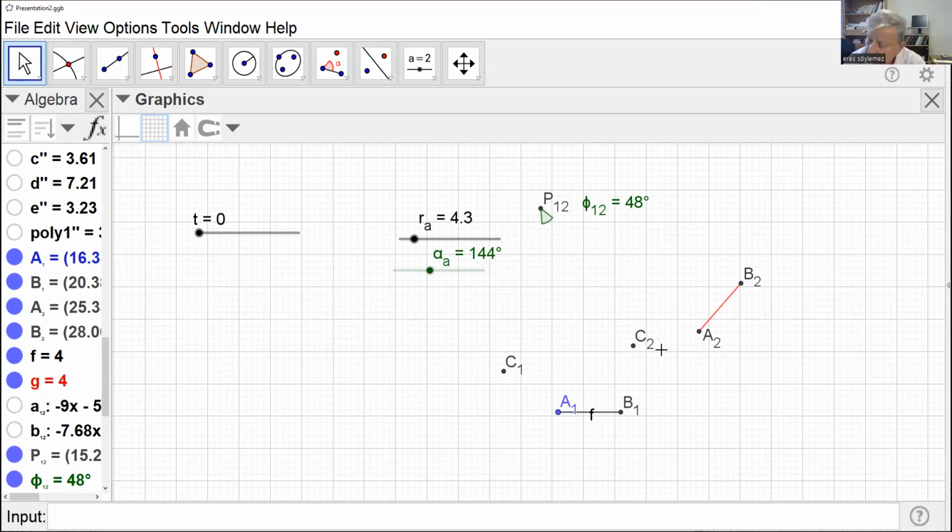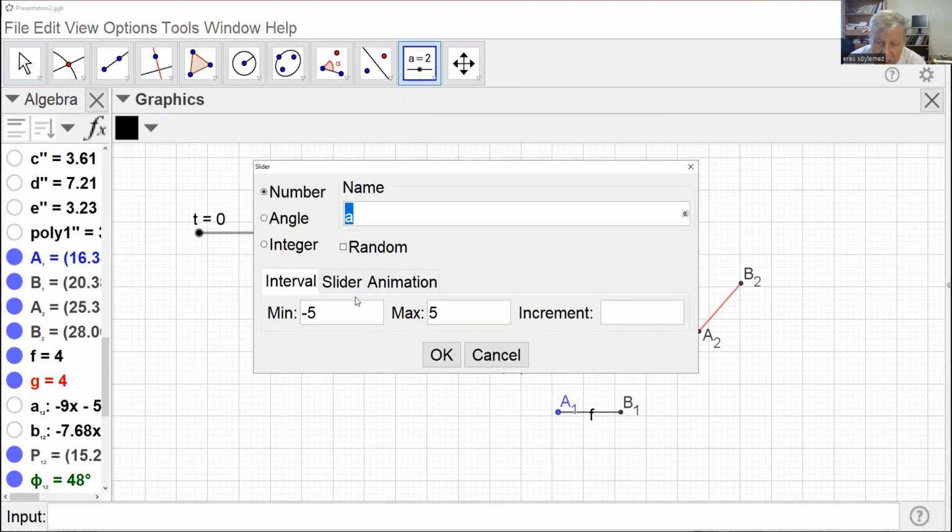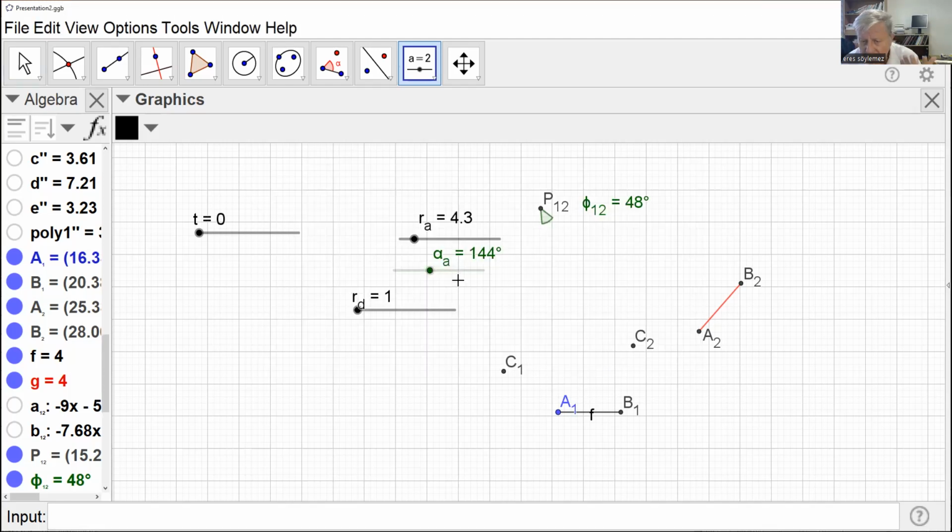I will repeat the same thing for another point D. Okay, I called it R dash D, from 0 to 40. I don't care. Usually you have a certain value.